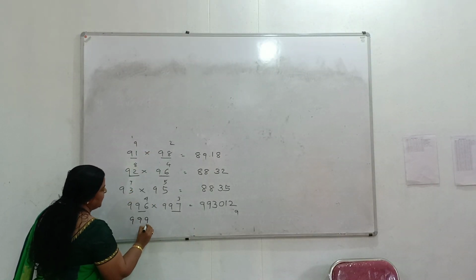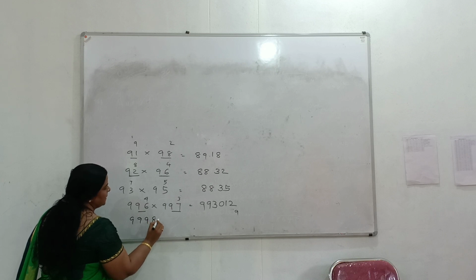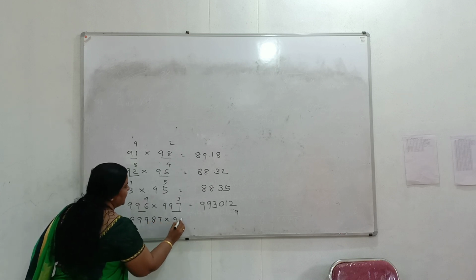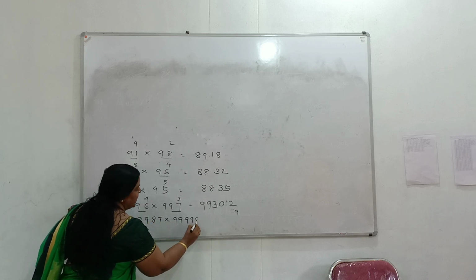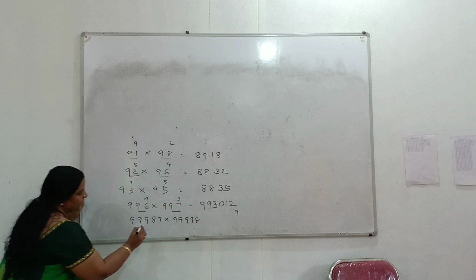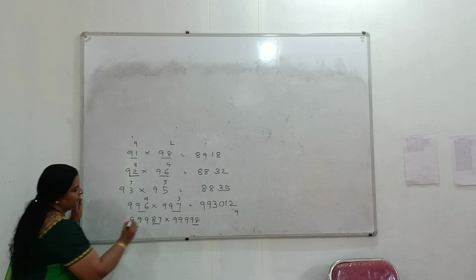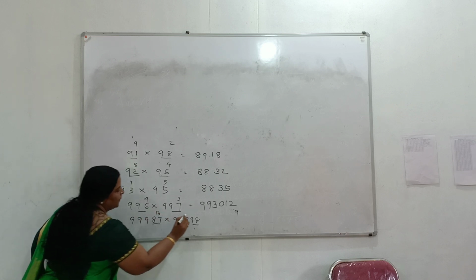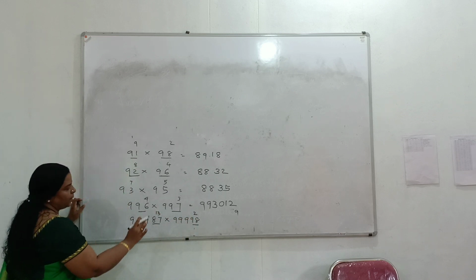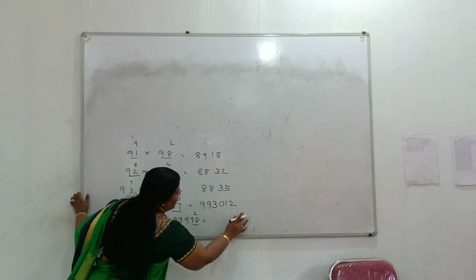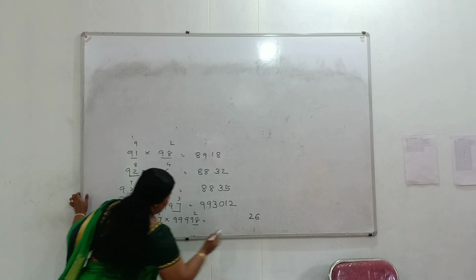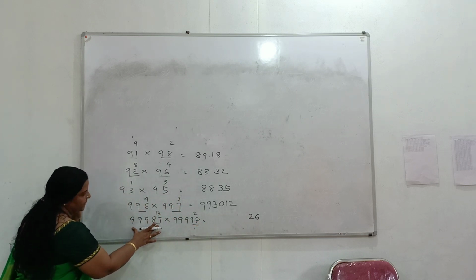9987 into 9998. Mark a line here. Here also only for last 2 digits. Put 13 here. Put 2 here. Take the product of 13 and 2. Write 26. But here we have 5 digits.